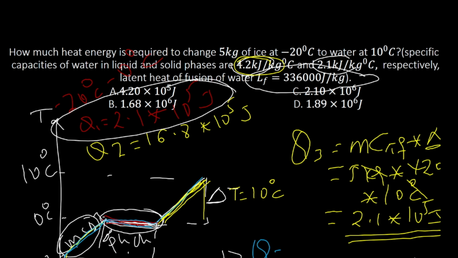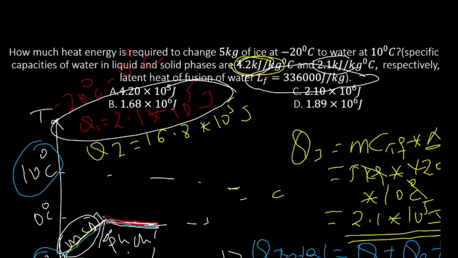So the total energy Q total that we require is the sum of all three thermal energies: Q1 plus Q2 plus Q3. Let's add them together.